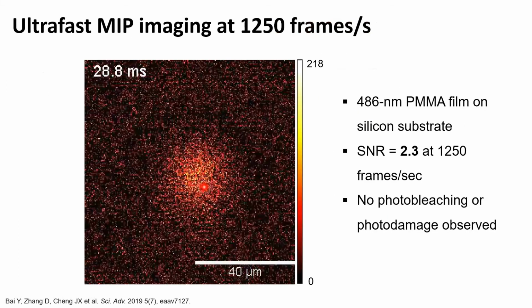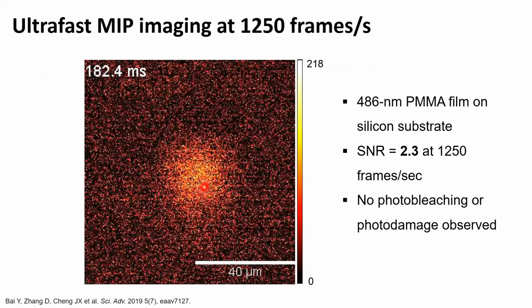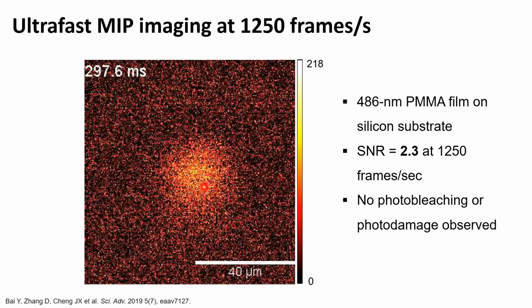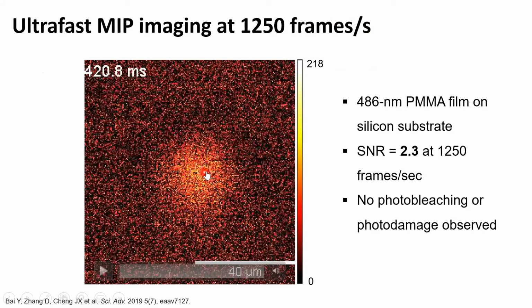In this method, essentially the speed is half of the camera speed. The camera is 25 frames per second, and we measure hot and cold and do the difference in real time.